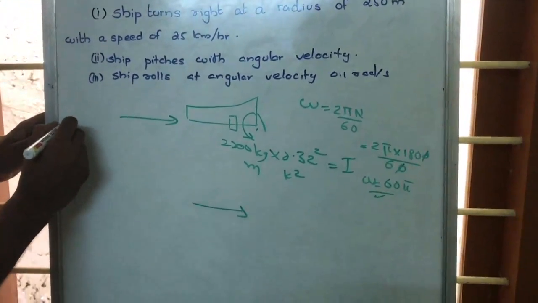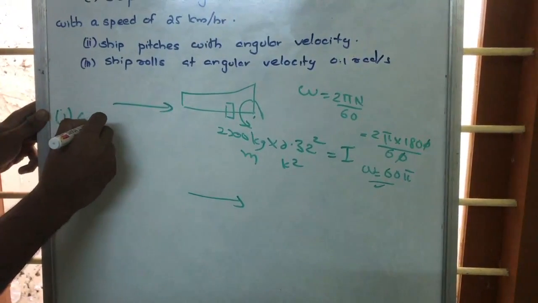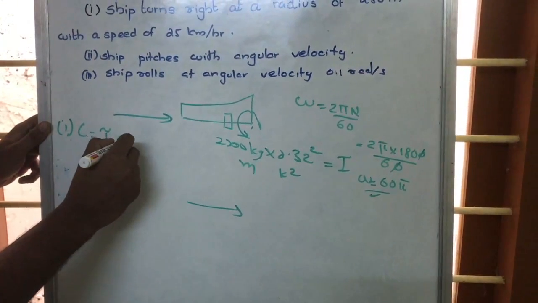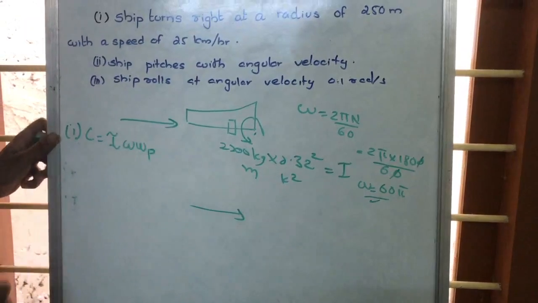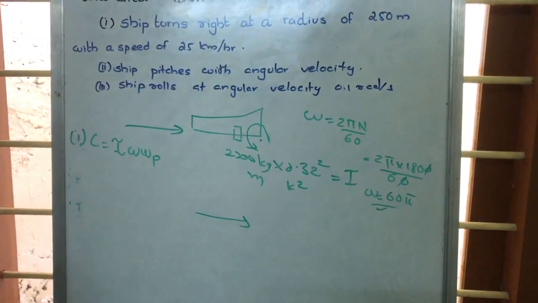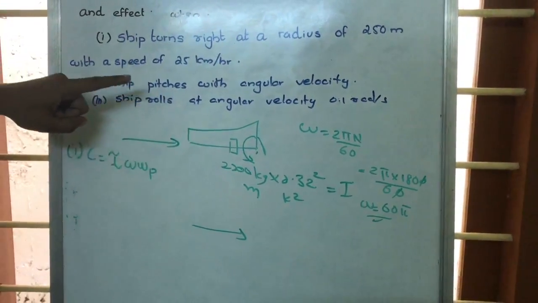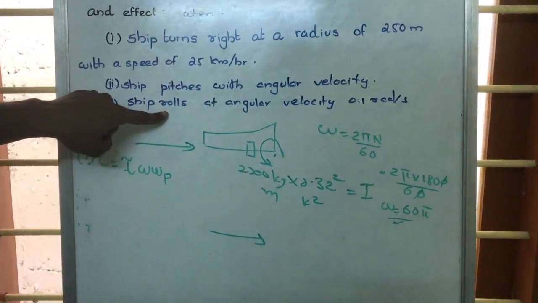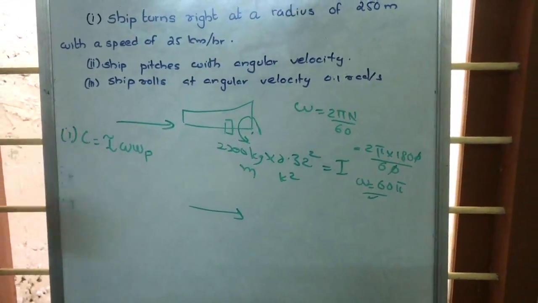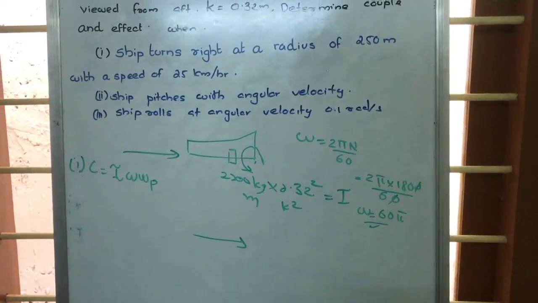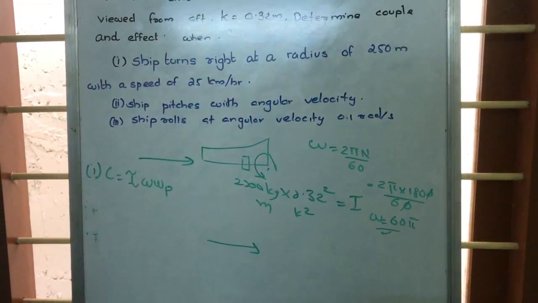The general formula for the couple is I omega p. Why have I said the general formula? Because there are three cases. First, the ship turns right, second, the ship pitches, and third, the ship rolls. In each case this omega p will be different, and we will find how to get that omega p.